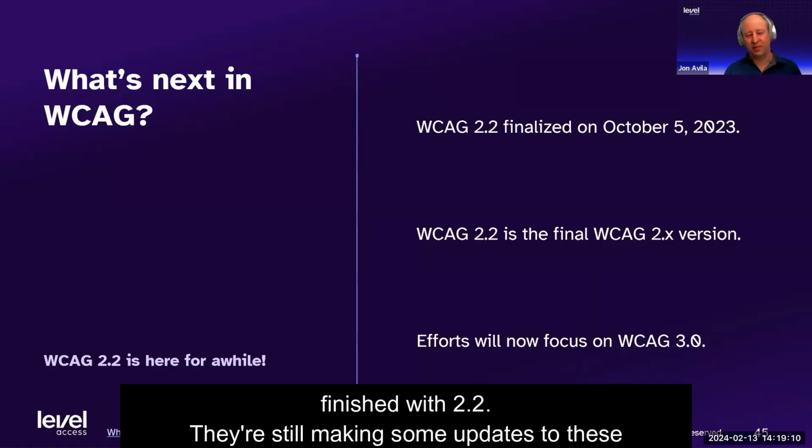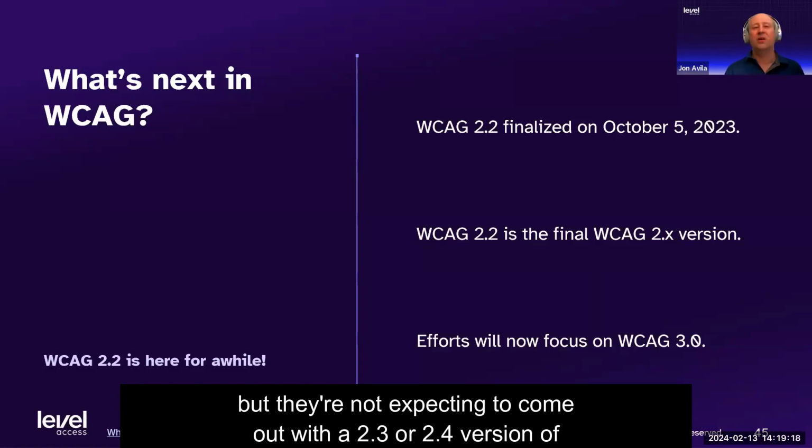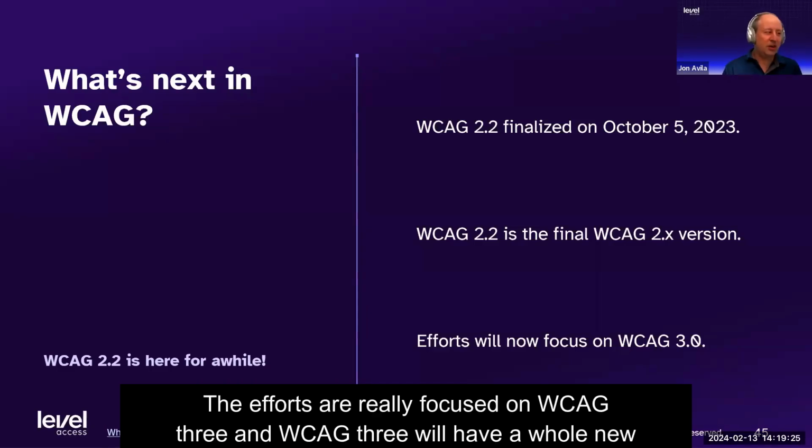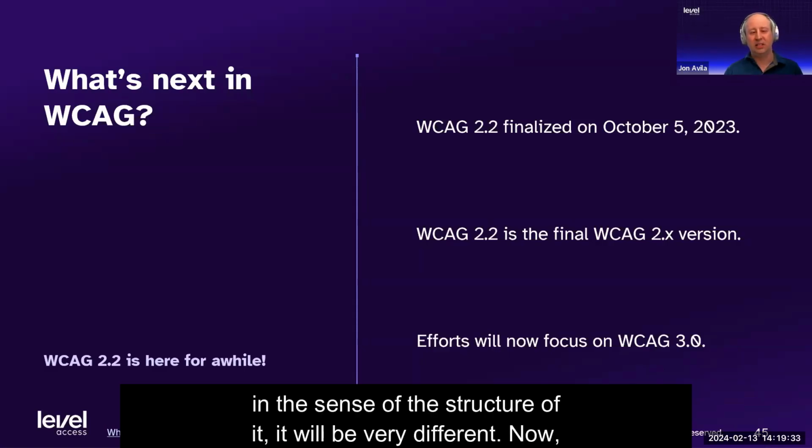They're still making some updates to those informational documents to clarify things, to update understanding, but they're not expecting to come out with a 2.3 or 2.4 version of WCAG. The efforts are really focused on WCAG 3, and WCAG 3 will have a whole new structure. It'll have a new conformance model. In the sense of the structure of it, it will be very different.